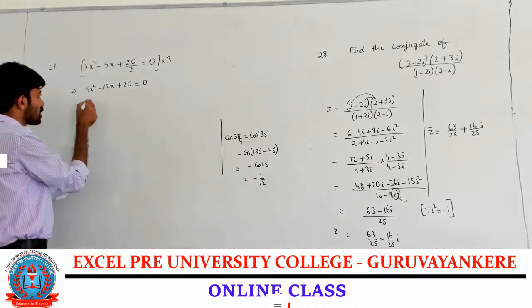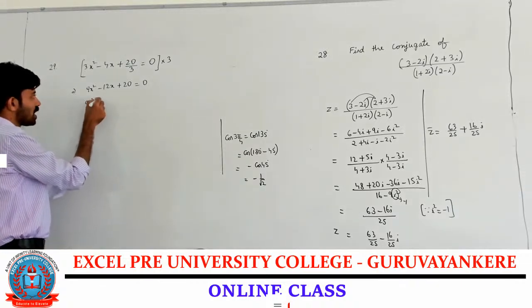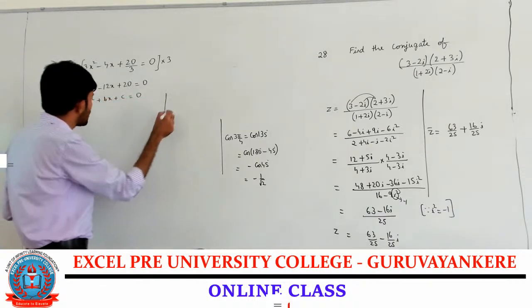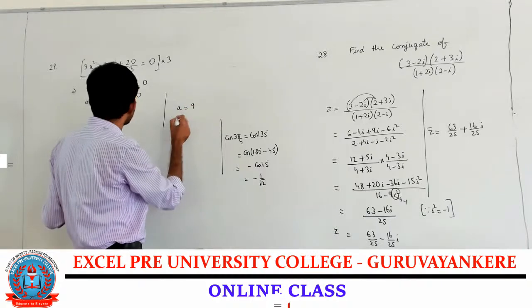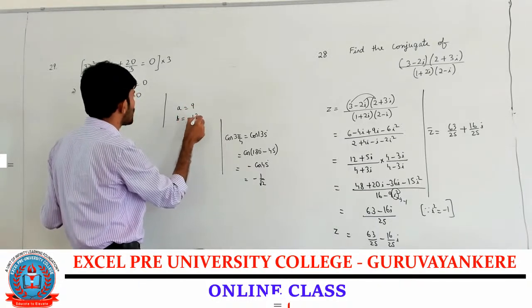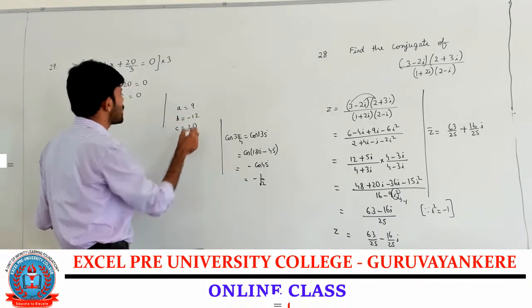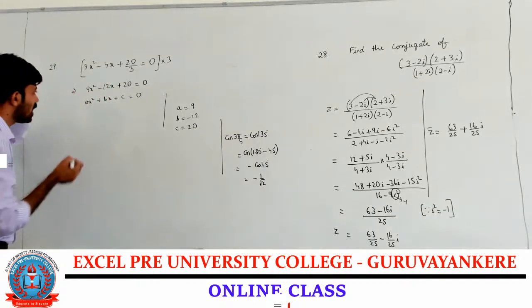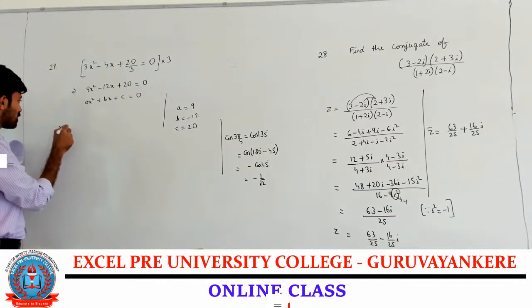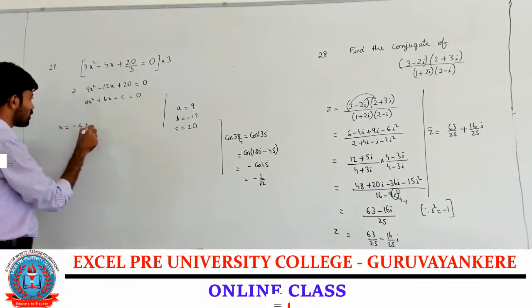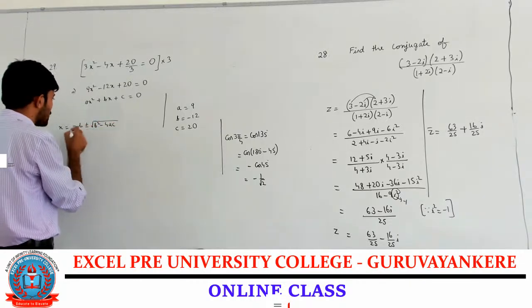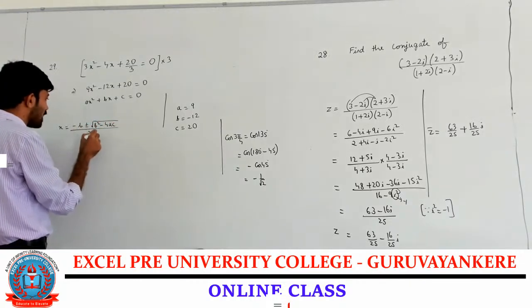Compare this with ax square plus bx plus c equal to 0. What do we get? A is equal to 9, b equal to minus 12, c is equal to 20. Values of a, b, c, write down. I will now solve this by the formula method: minus b plus or minus root of b square minus 4ac divided by 2a.